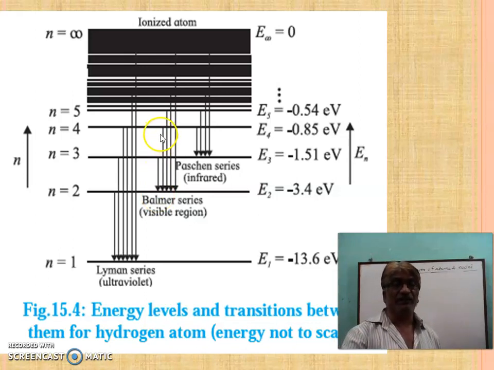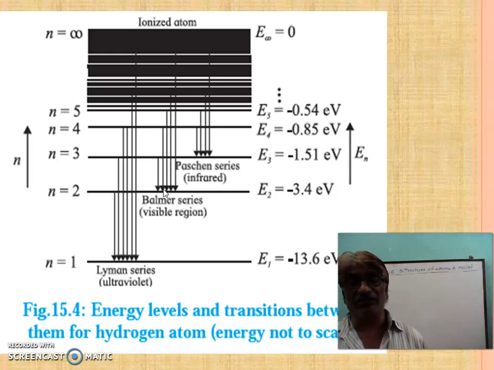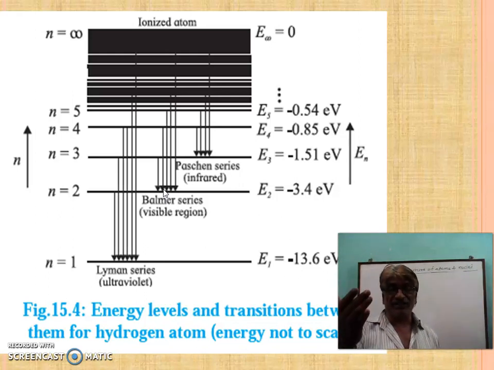When an electron transitions from the fourth outer orbit to the second inner orbit, the next line is obtained. The series is called the Balmer series, because the Balmer series consists of transitions from different outer orbits to the second inner orbit, and this second line is called the H beta line.